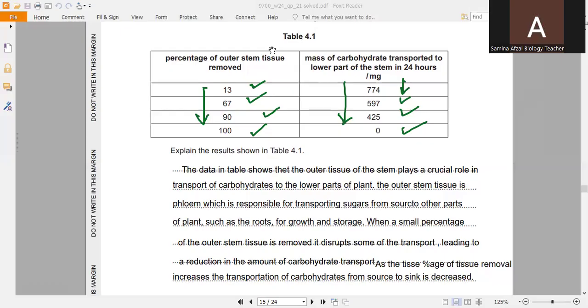So it means strongly that the outer stem tissue, especially the phloem, is essential for the downward translocation of carbohydrates in plants. So, the greater the extent of phloem removal, the more compromised the transport, ultimately ceasing when all phloem tissue is removed. So this experiment demonstrates the importance of phloem tissue in a plant's distribution of resources and highlights the impact of damage to this tissue on the plant's ability to transport essential nutrients.